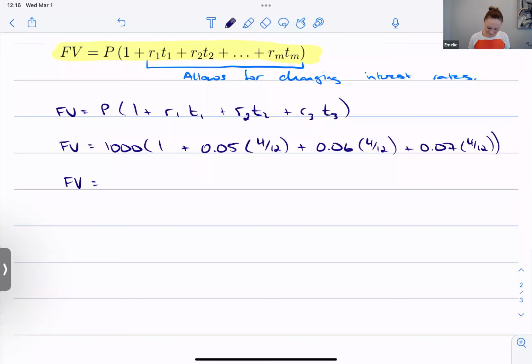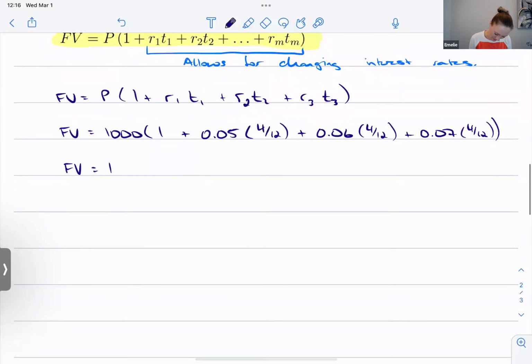All right, so 1,000 times, and to simplify things a little bit I'm going to collect like terms, because I've got that common multiple of 4 over 12. So 1 plus, and then let's see here, 0.05 plus 0.06 plus 0.07 is 0.18 times 4 over 12.